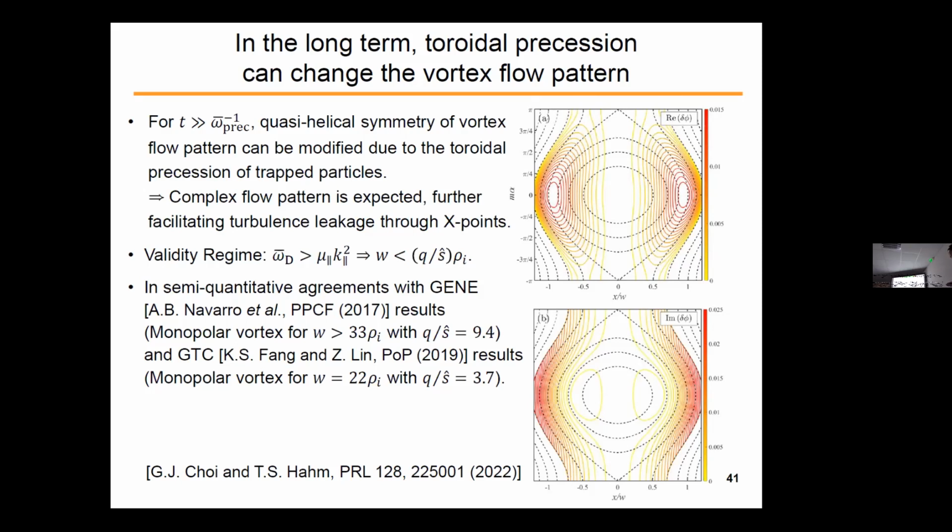But if we combine our result due to the toroidal precession and their validity regime, due to the fact that we ignored the parallel transport inside the magnetic island, we can deduce the magnetic shear and q dependence of that threshold. So they can reconcile these two gyrokinetic codes, because they use different values of q and magnetic shear.